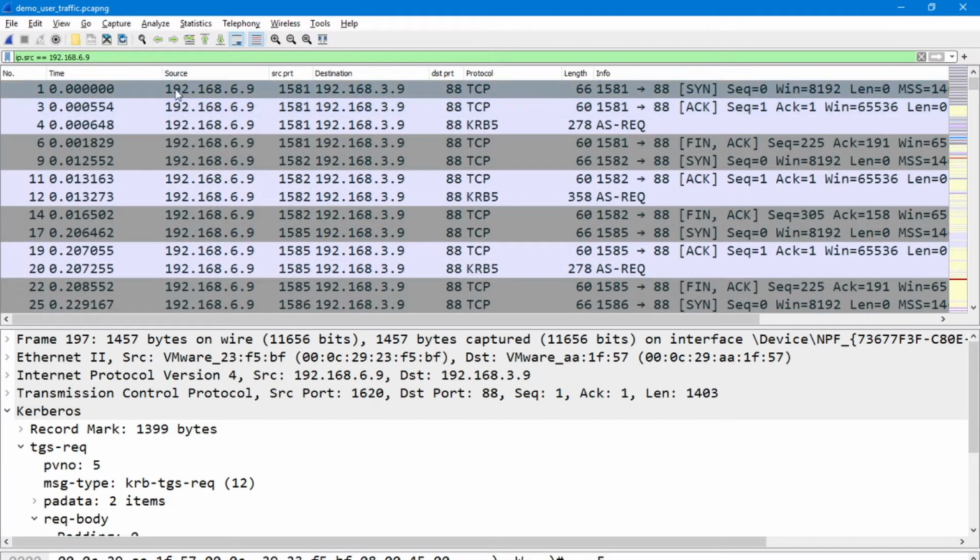And we've got our source as 6.9, and over here we're going to see its destination, and it's going to be chatting at that destination on a particular port. Okay, and so what we're going to do here is make an assumption based on the port and the protocol for this machine 6.9 and this machine, whatever the destination is.